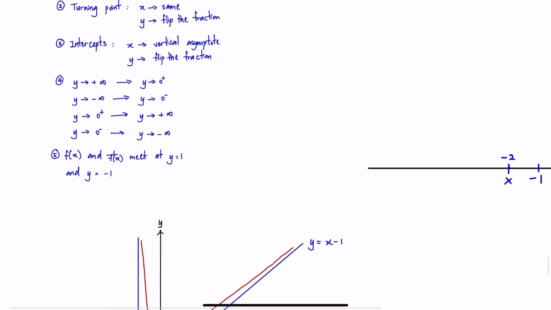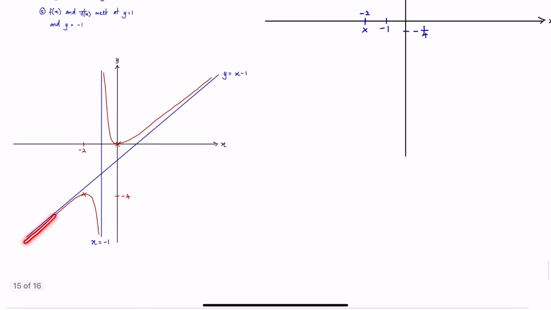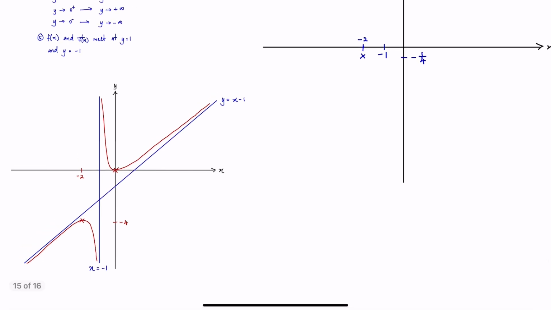And if y is initially approaching negative infinity, then it would now be approaching negative 0. So for these two parts, it would be approaching negative 0, around this shape. Okay?